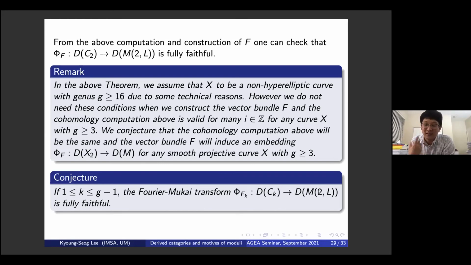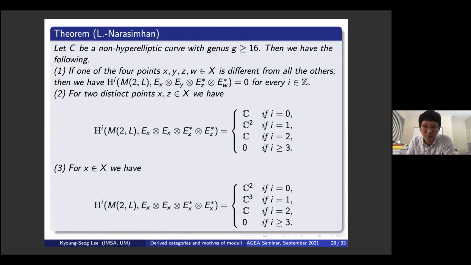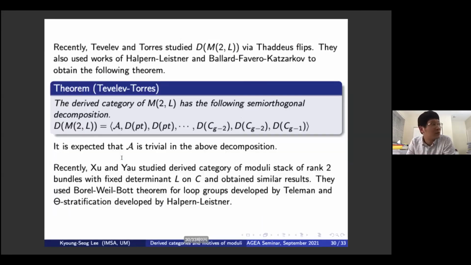The problem is to compute a bunch of cohomology groups. Professor Narasimhan and I used this Hecke transformation, and it's quite complicated. It's already quite complicated to prove anything. Tevelev and Torres use this flip, and I'm still reading their paper.